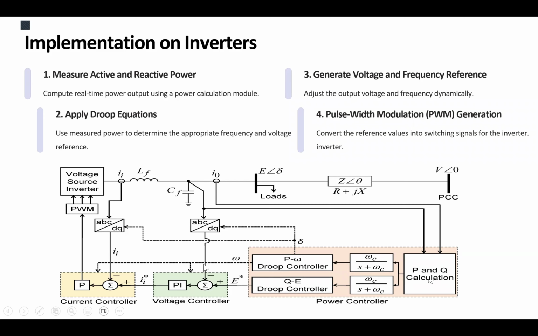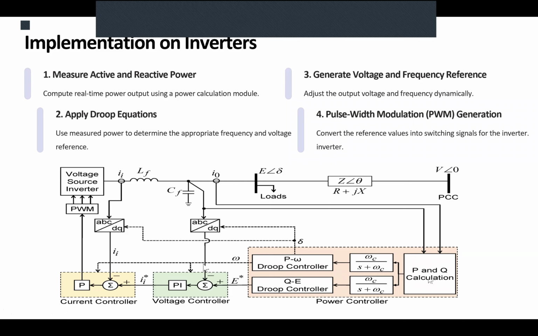We calculate the reactive power, and based on the Droop control, you would calculate the voltage needed for eliminating that deviation in reactive power.